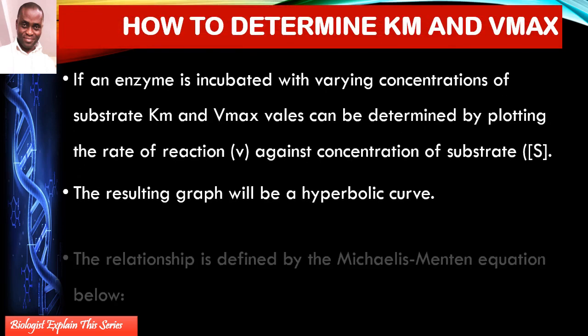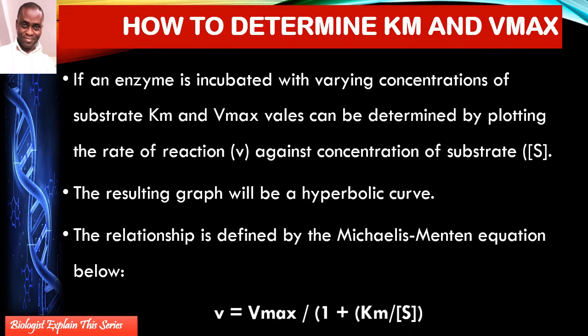And how do you determine Km and Vmax? If you are going the route of mathematics, you have to carry out a procedure in the laboratory, and then your data will be plotted as a graph.